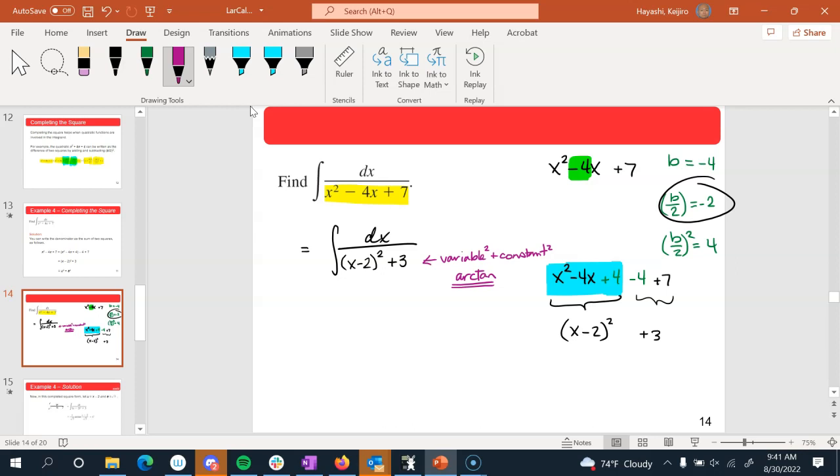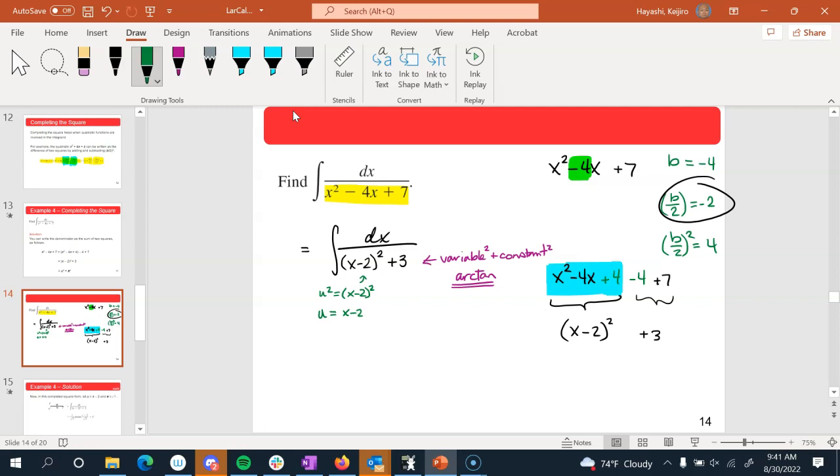Arctangent is the only function whose derivative involves adding the two things on the bottom. Now that we know it's an arctangent, we want to identify u and identify a. So this whole squared binomial is u squared. So u squared is x minus 2 all squared, the square root of which would just be x minus 2.